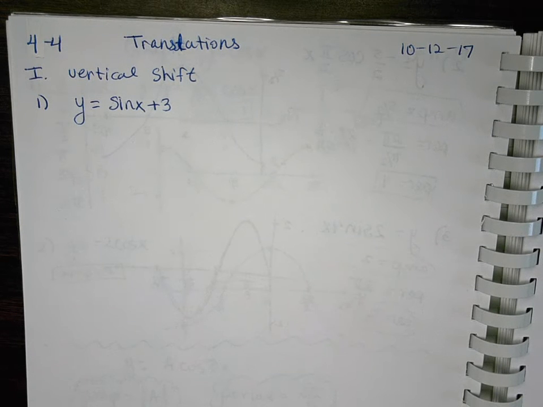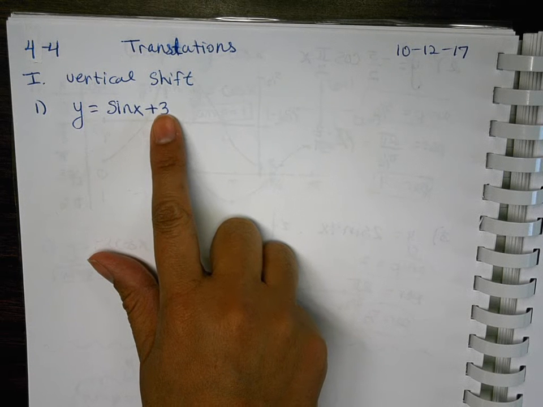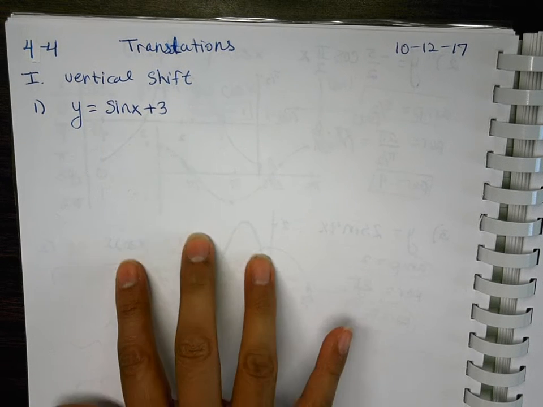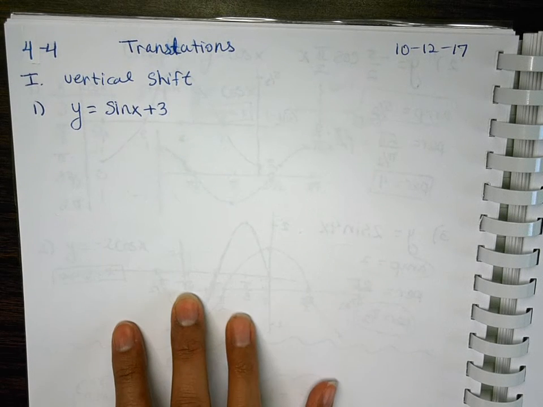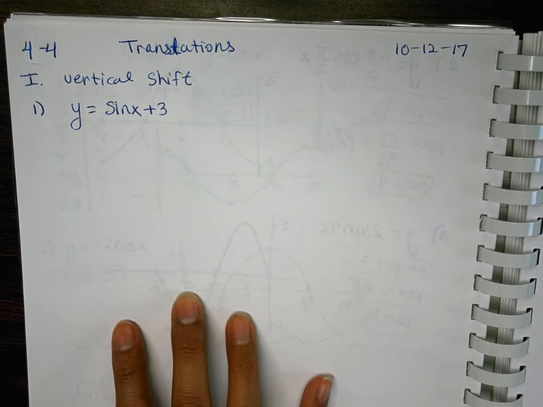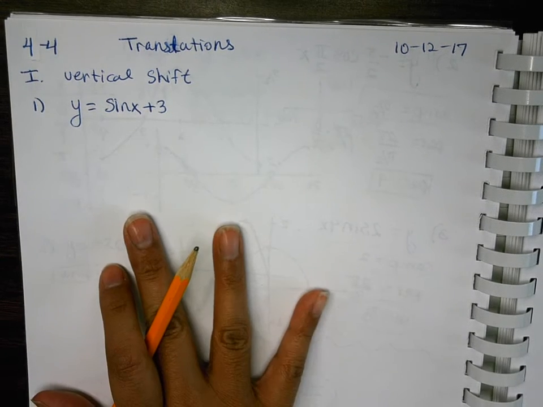You guys have spent a lot of time with this in Math 2 and Math 3, that the plus number at the end is your vertical shift, yes? And if it's positive, it shifts upward, and if it's negative, it shifts downward. Do you guys remember that from last year? Okay, so it's the same concept, but now we're extending it to the sine graph.